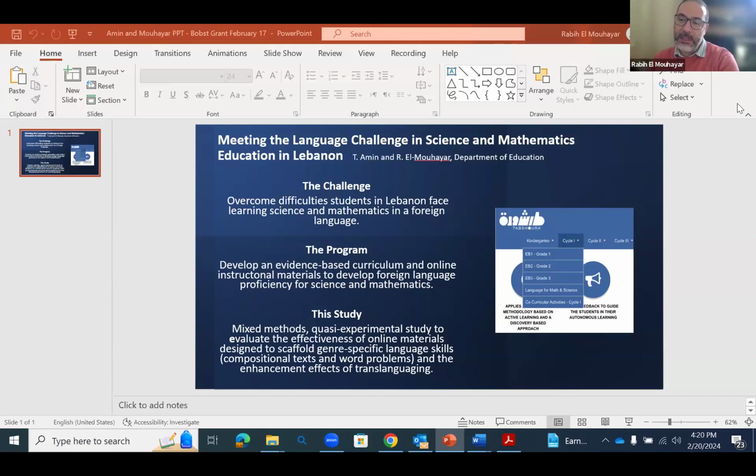And so based on these learning progressions, our ambition in this project now is to develop curriculum and instruction and to evaluate these. In particular, does the strategic translanguaging enhance the effectiveness of these instructional activities?